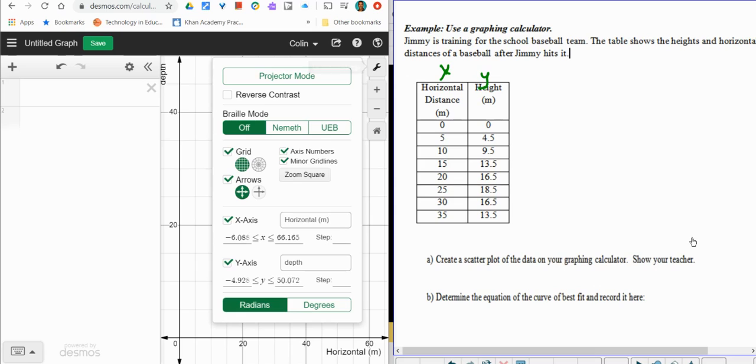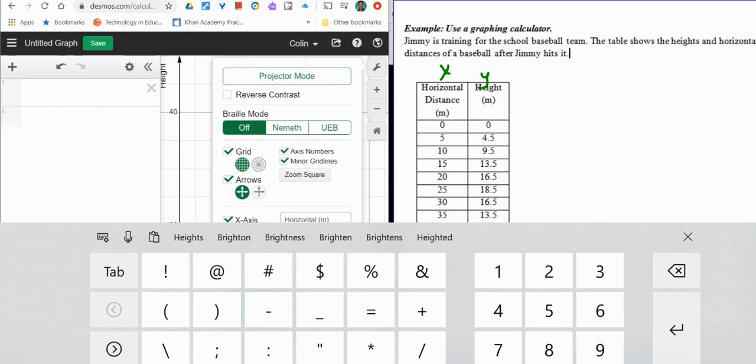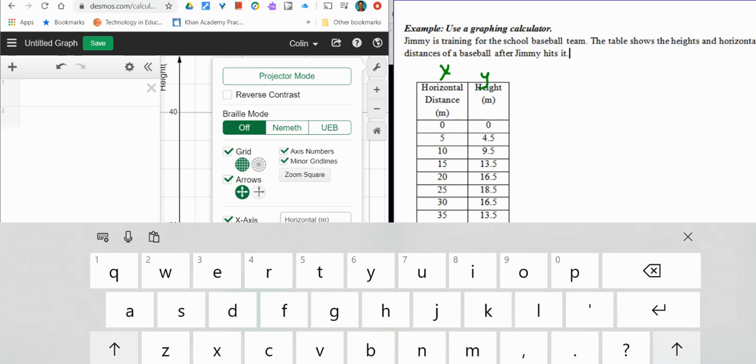So I went to the wrench and put that in. Our y-axis is something else. It's going to be the height, and we're going to have meters again.